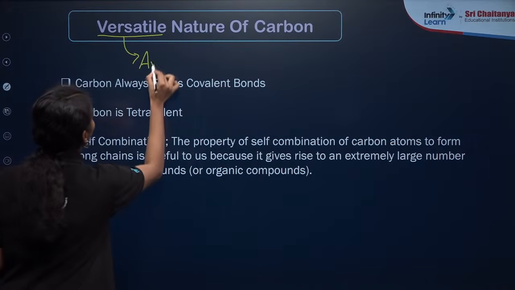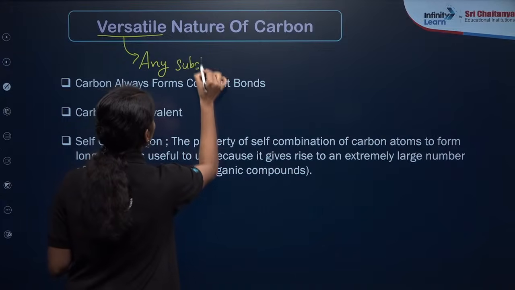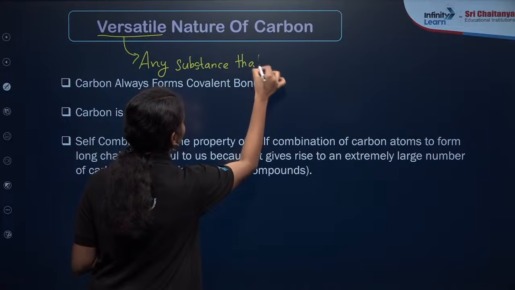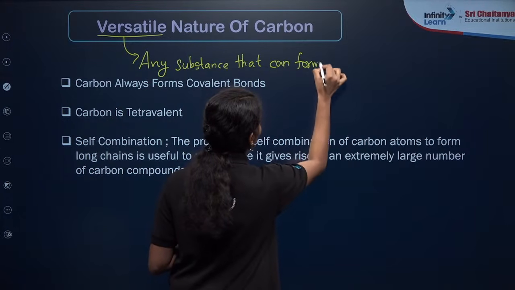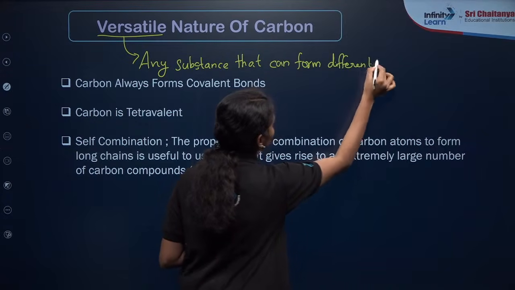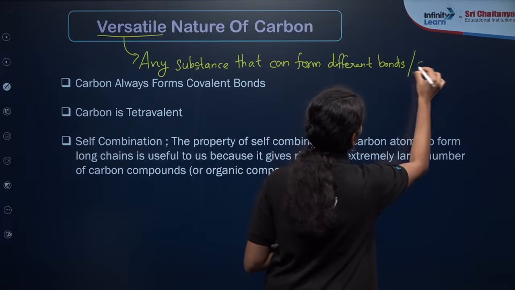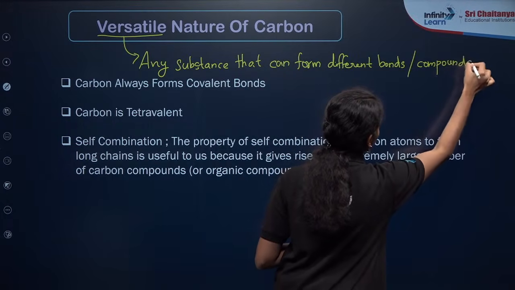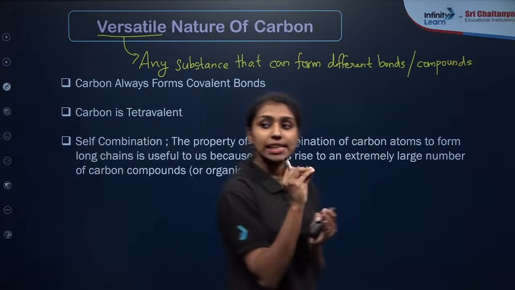Any substance that can form the different bonds or different compounds. This is the meaning of the word versatile. So here we are discussing the versatile nature of carbon.